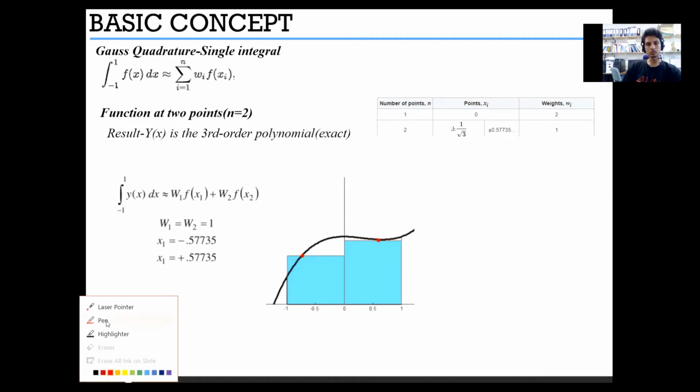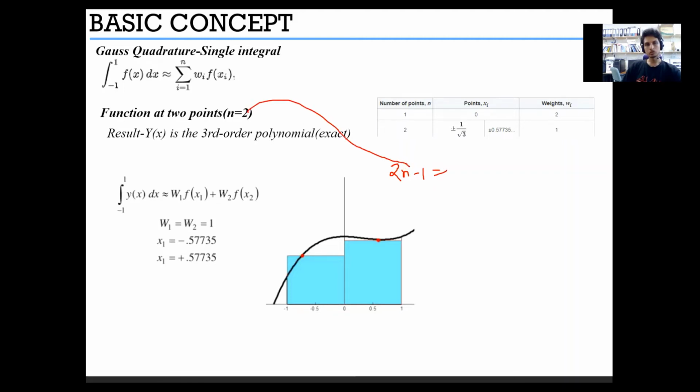Let's figure it out. We have discussed that the order would be 2n minus 1, right? So if n is equal to 2, then we get 4 minus 1, which is 3. So this is a third order polynomial.